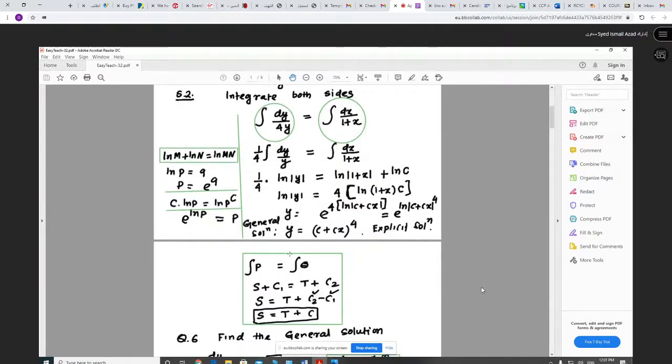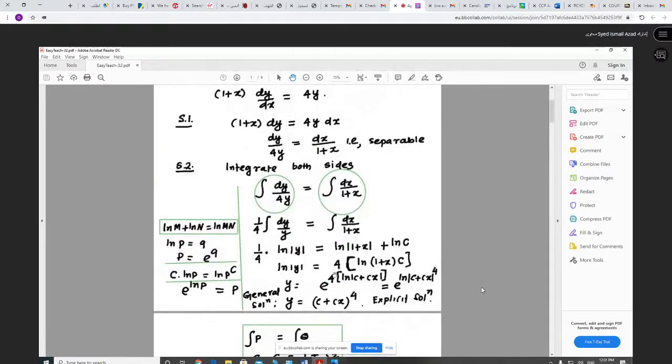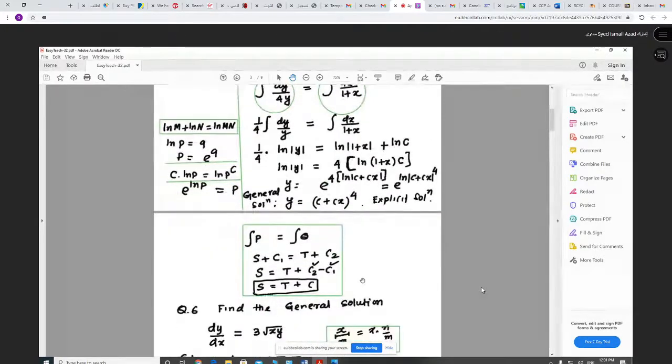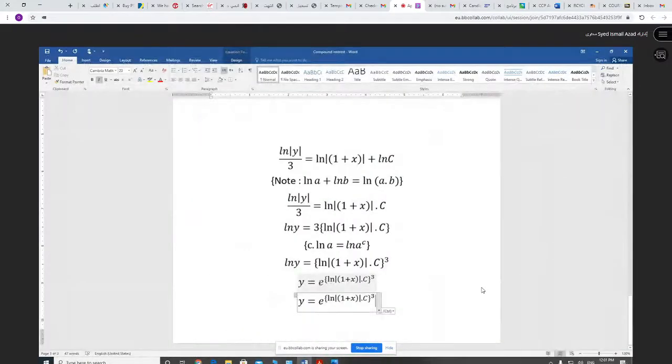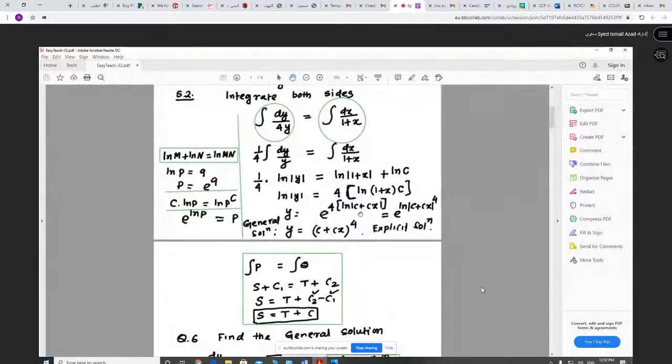If there is e and there is ln in the power, then this value comes down.